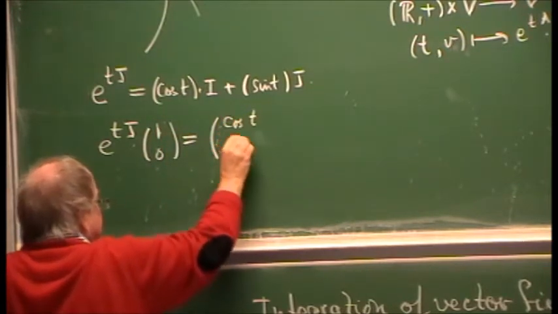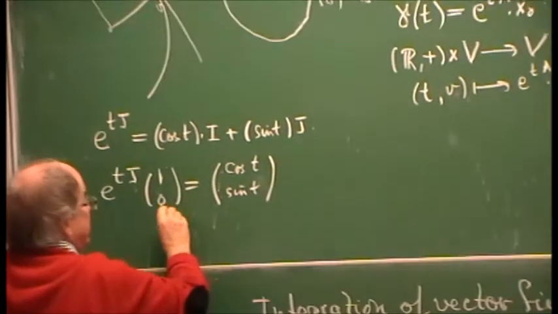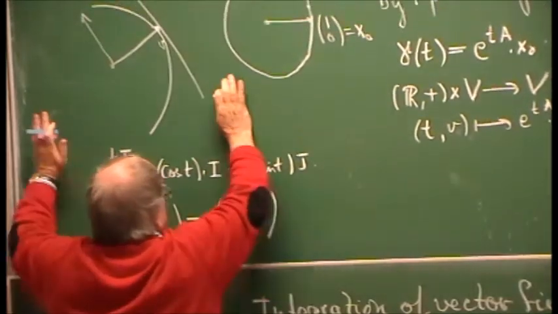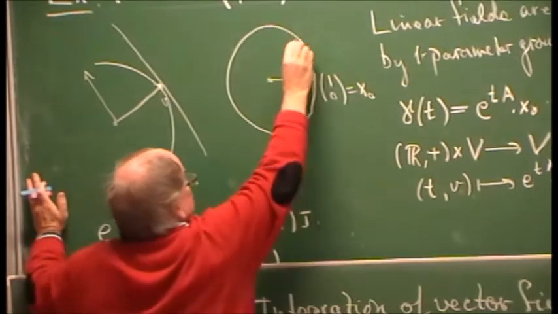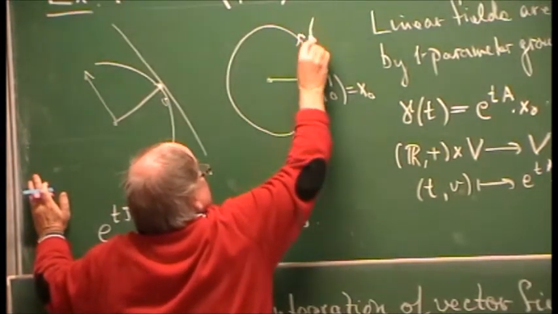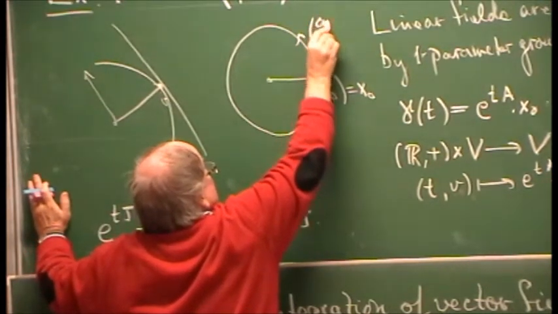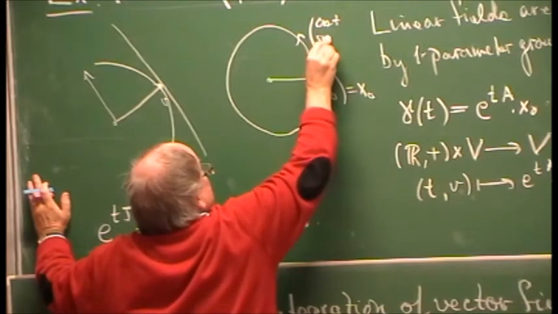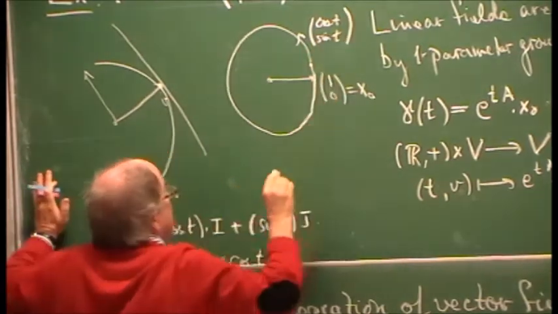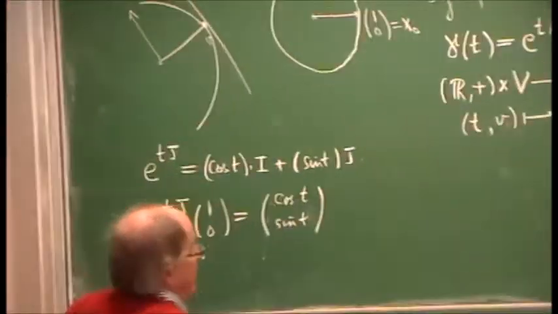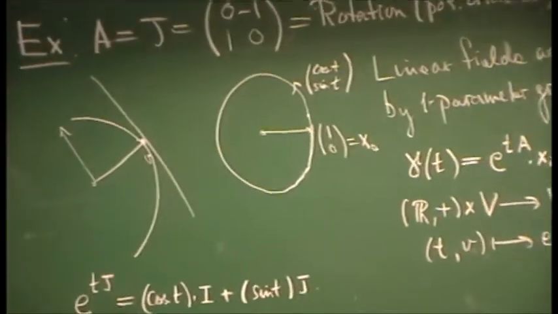These are in reality the definition of cosine and sine. And the way this is oriented, you're going this way around the circle, and so at time t, you have reached cosine t and sine t. By this explicit group action.